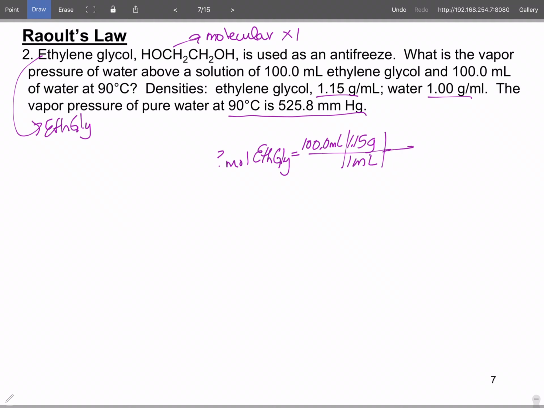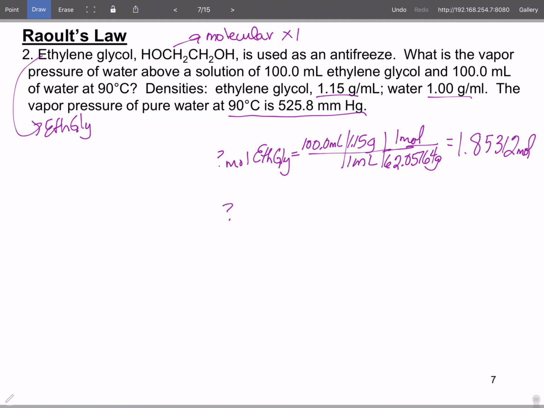We'll need the molecular weight, which is 62.05764 grams per 1 mole. If we do the math, we get 1.85312 moles of the ethylene glycol.